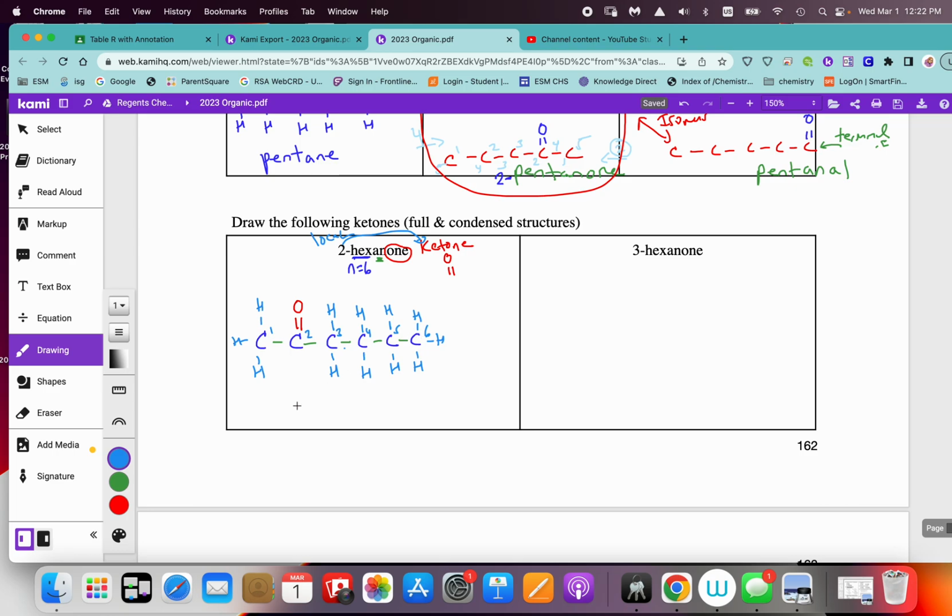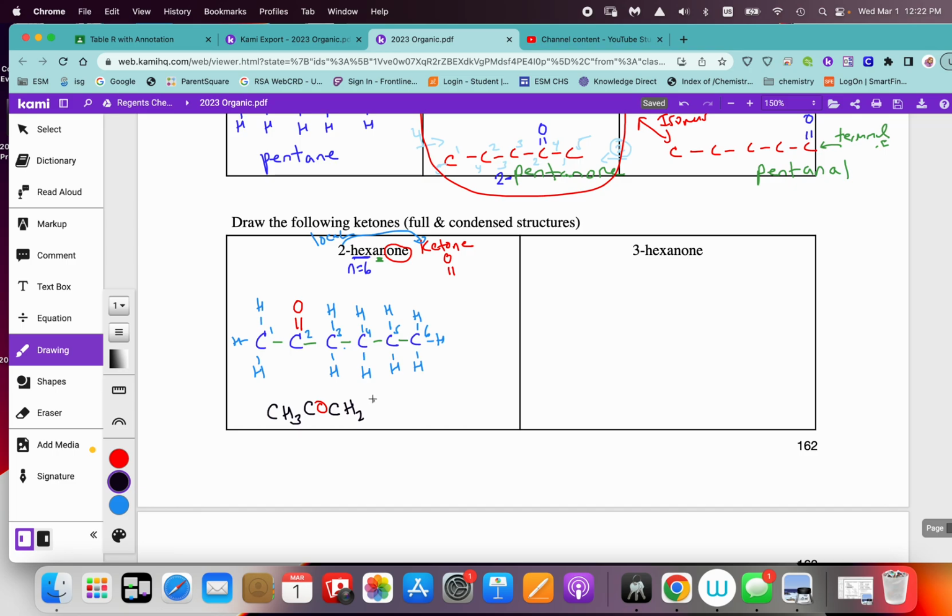So that's a full-blown structure. Now let's take a look at the condensed. Carbon 1 has 3 hydrogens attached to it. Carbon 2, no hydrogens attached to it, just the oxygen. Carbon 3 has 2 hydrogens attached to it.